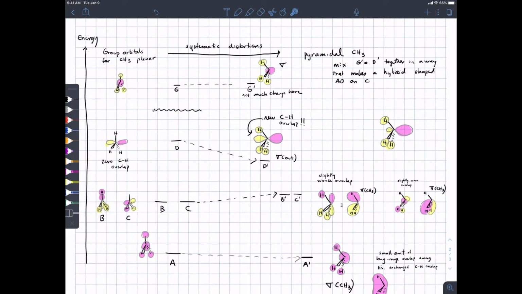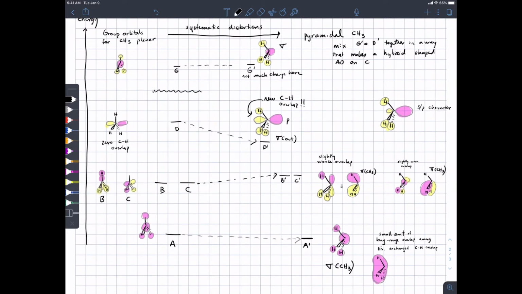In terms of what that should do to the energy here, you go from something that has a lot of p character on carbon to something that has a mixture of s and p character. S orbitals are lower in energy than p orbitals, so this one goes down even more. So I don't know where we want to put that.